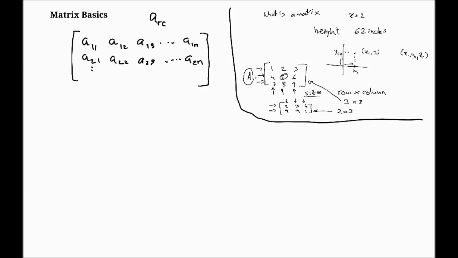And similarly, as we go down, let's be flexible. We're not looking at a square matrix, so we're not looking at n by n. Let's make it m. M rows, first column. Mth row, second column. Mth row, third column. And mth row, nth column.